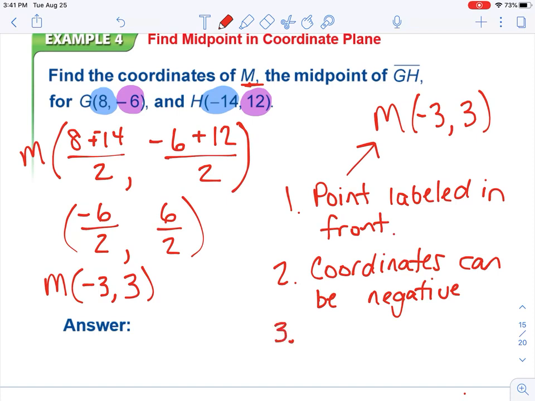And thirdly, include our parentheses on your homework, or else I'll count off half a point. That's the correct way to do them. Okay?